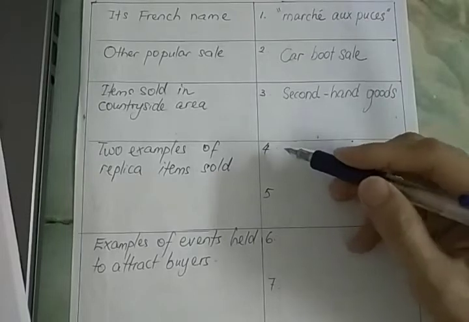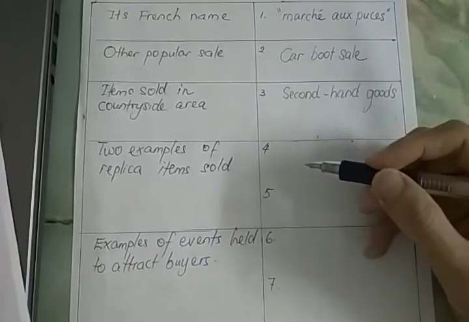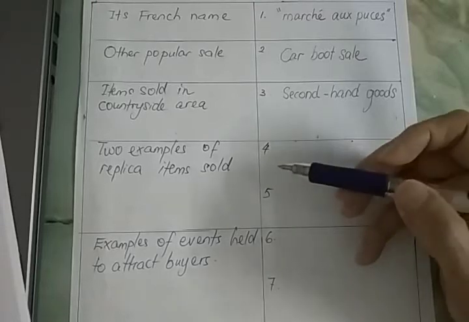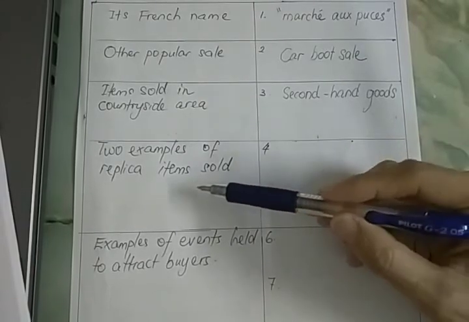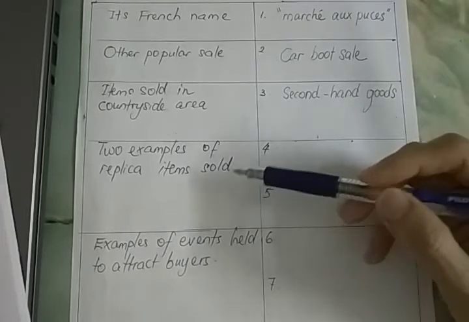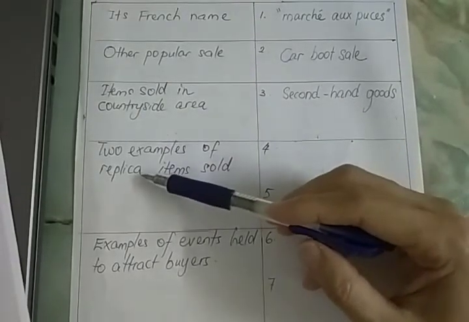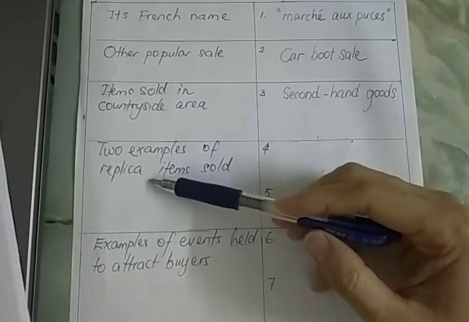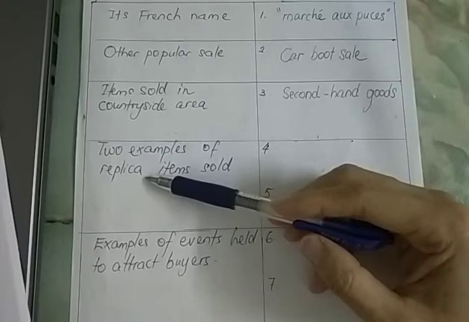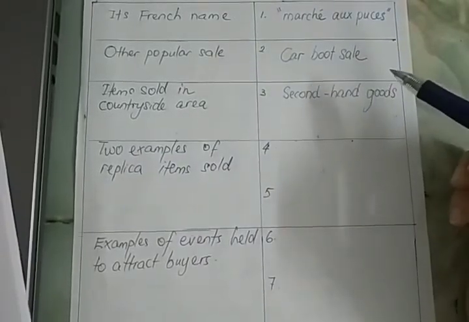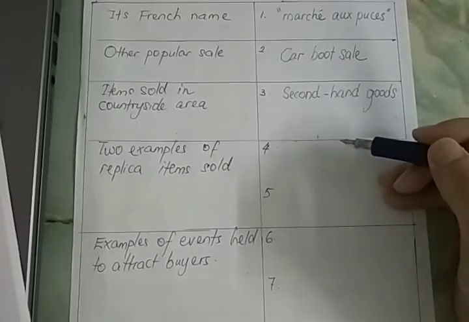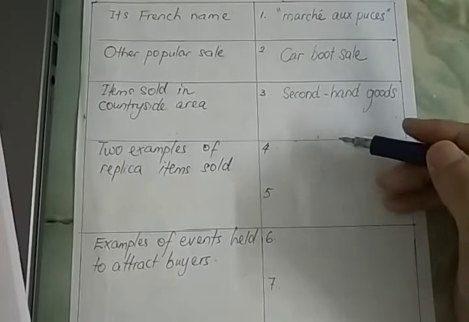So for here, where can we find the answers? Alright, replica here in the text, it means fake goods. Alright, if you don't understand the word replica, it will be very difficult to find the answer. So replica is fake goods. Not the real, not the original item. So that's what it means, replica, not original.